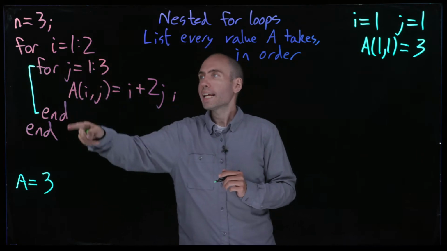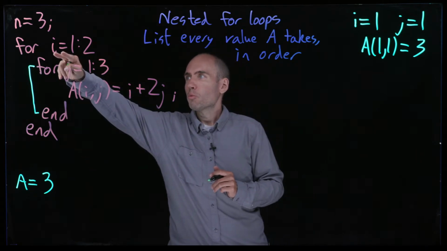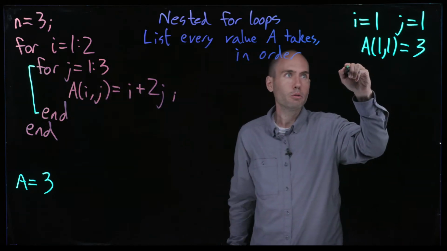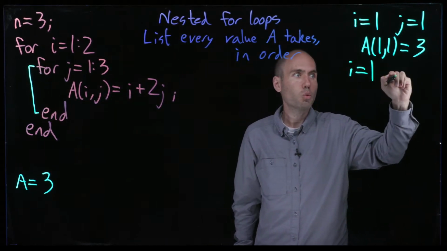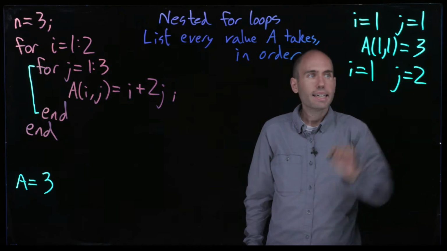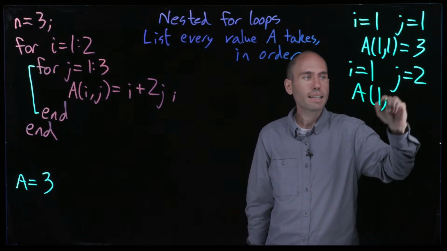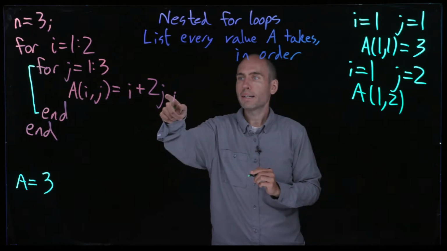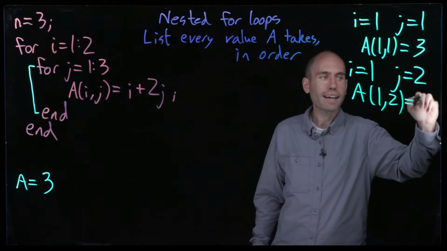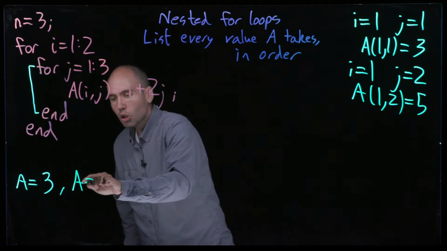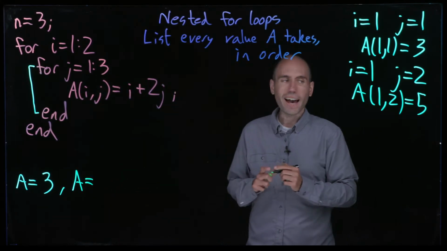And so what changes next? Well, we're still at i equals 1, working our way through this inner for loop, and next we're at j equals 2. So a1,2 equals 1 plus 4, so equals 5. A very common mistake would be to write a equals 5 here.